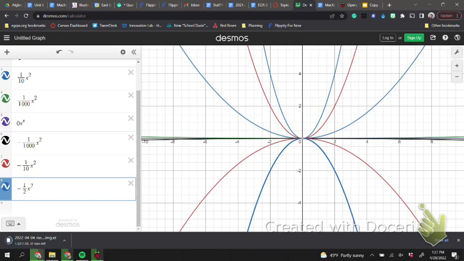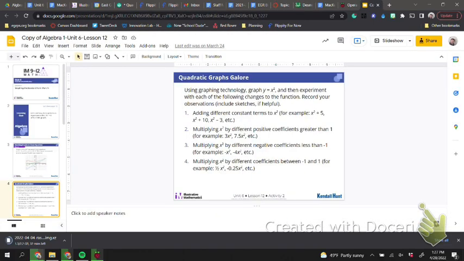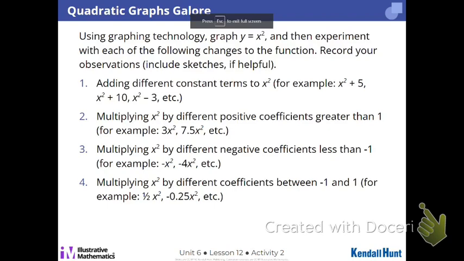So let's get back and make sure we can synthesize all of our big ideas. And what's so cool is, when I was in school, the teacher just wrote down bullets and you had it. You guys actually found it for yourselves using Desmos. So changing the constant just shifts us up or down. Then we saw that the larger the leading coefficient, the narrower, because our outputs are increasing quicker.